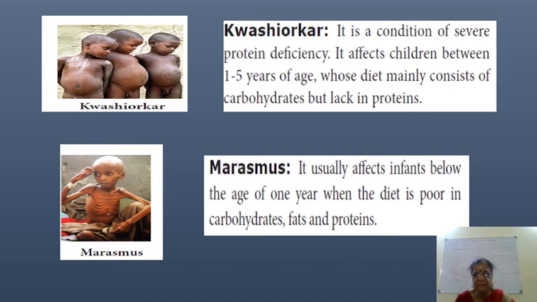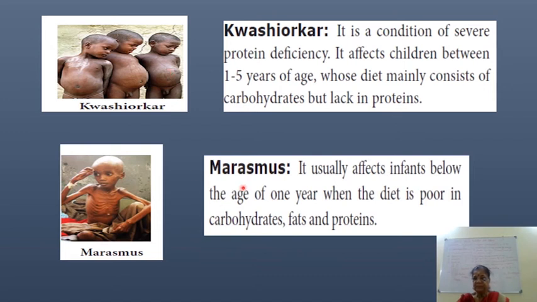It affects children between 1 to 5 years of age whose diet mainly consists of carbohydrates but lacks protein. A typical symptom is a swollen belly, a big belly. It is called pot belly. Right?